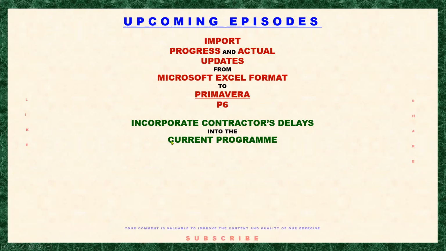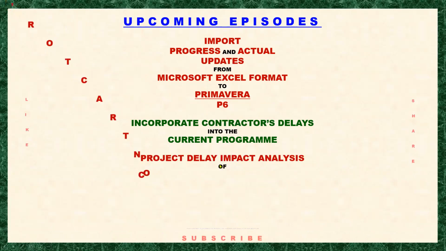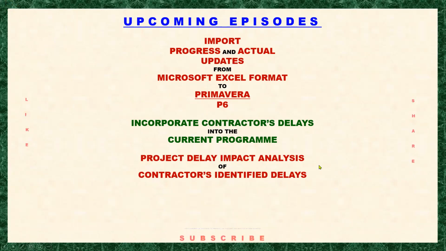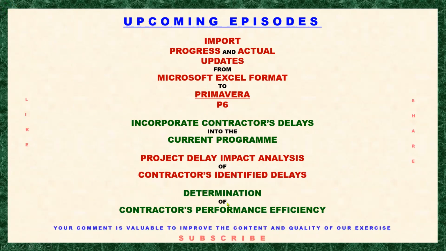That means we have to assume identifiable delays for the contractor. Next is the project delay impact analysis of the contractors' identified delays. And the next is the determination of contractors' performance efficiency.